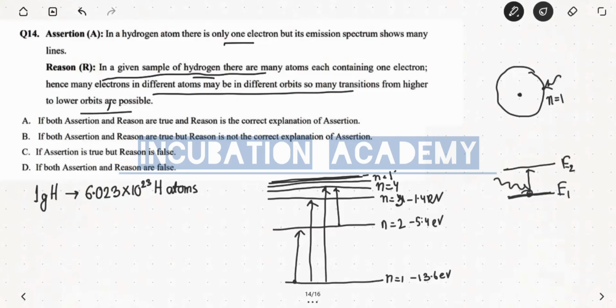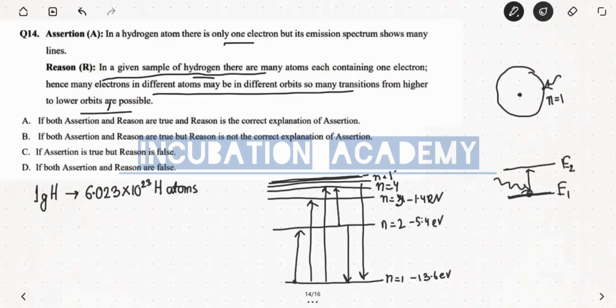Because after energizing, different electrons of different atoms are at different energy levels, and when they transit from a higher energy level, like from n equal to 4 to n equal to 1, or n equal to 2 to n equal to 1, depending on Lyman, Balmer, Paschen, Brackett, Pfund, Humphreys, we get different spectral lines.